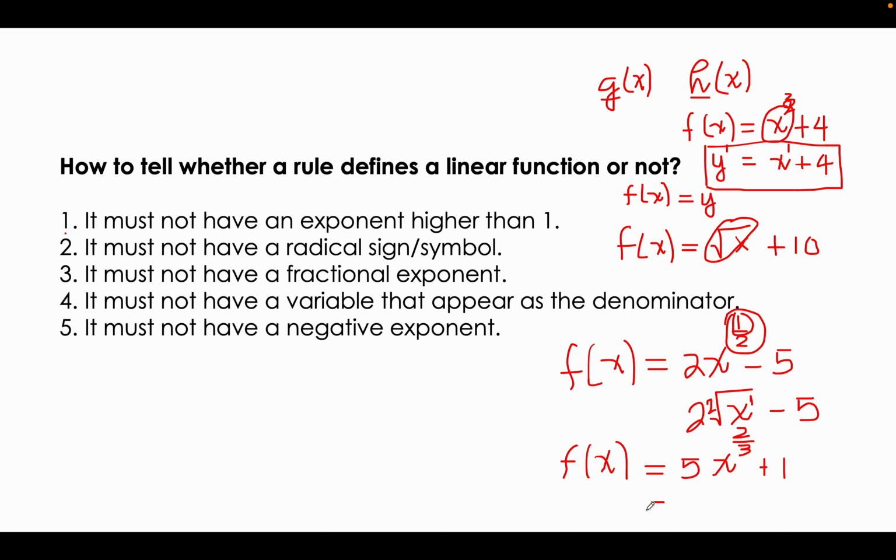So if we're going to write this with a radical sign or symbol, we have 5. Okay? Take note, the denominator of the fractional exponent is 3. Therefore, that becomes the index, which is the cube root, and then the numerator here becomes the exponent of the variable x, plus 1.